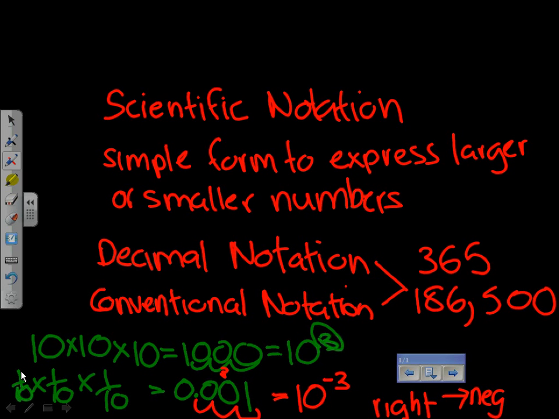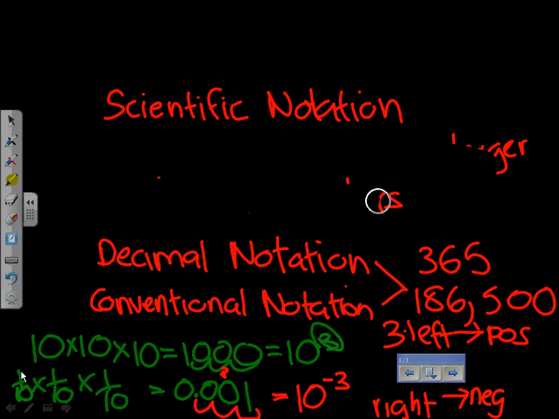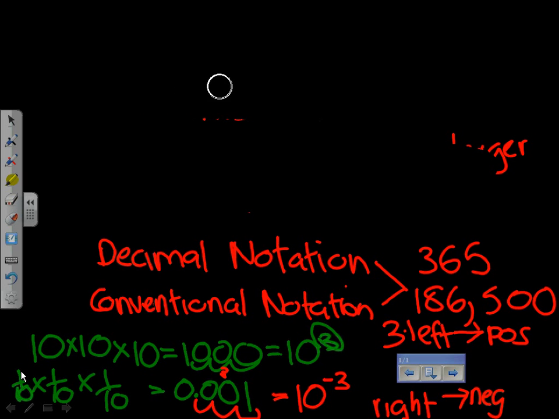And then for positive, it's 3 to the left. So all of those things are very important in terms of conceptual understanding of what scientific notation is and what it does. Hopefully I'll be able to give you classic examples of where you could include these principles in expressing a number in scientific notation.